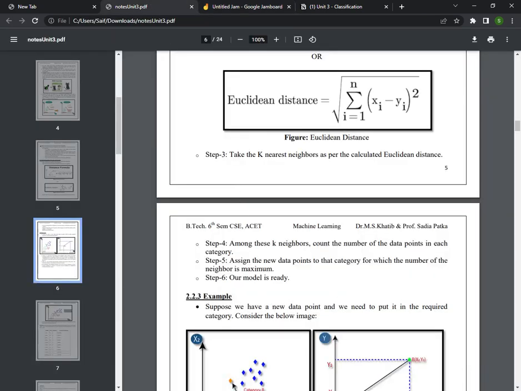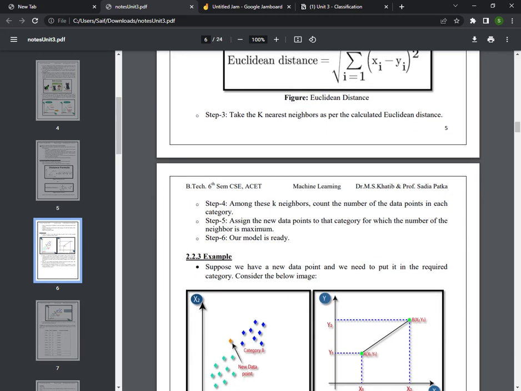Among these k neighbors, count the number of the data points in each category. Assign the new data point to the category for which the number of the neighbors is maximum.